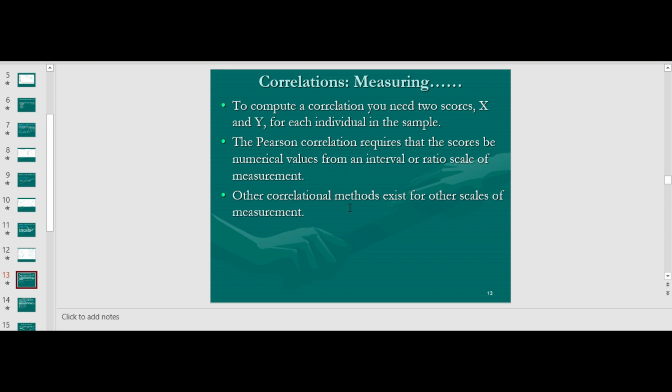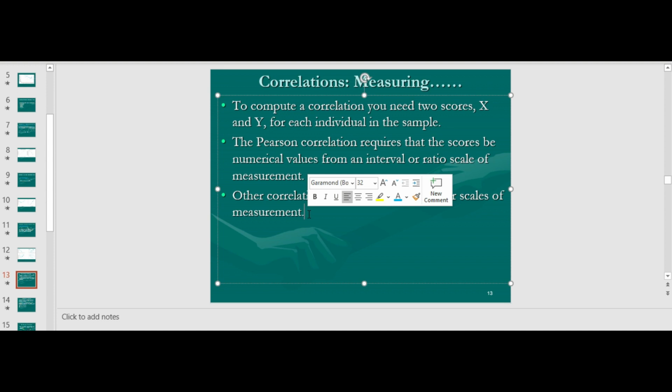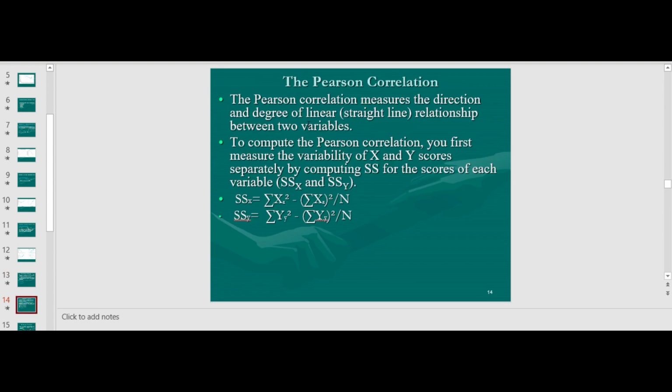Other correlation methods exist for other scales of measurement. For ordinal data we use rank correlation. The Pearson correlation measures the direction and the degree of the linear, or straight line, relationship between two variables.